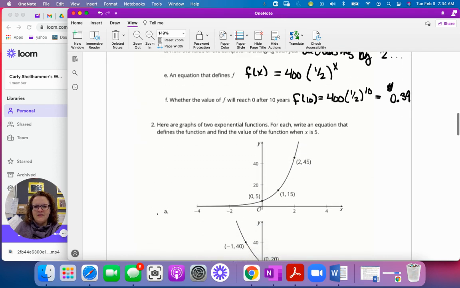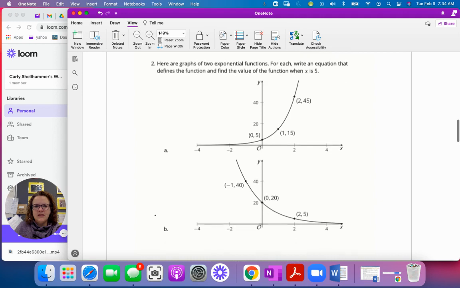Here are graphs of two exponential functions. For each, write an equation that defines the function and find the value of the function when x equals 5. So here I have my initial value as 5. We're going to call this a of x. My initial value is 5, and it looks like at input 1, I've gone to 15.